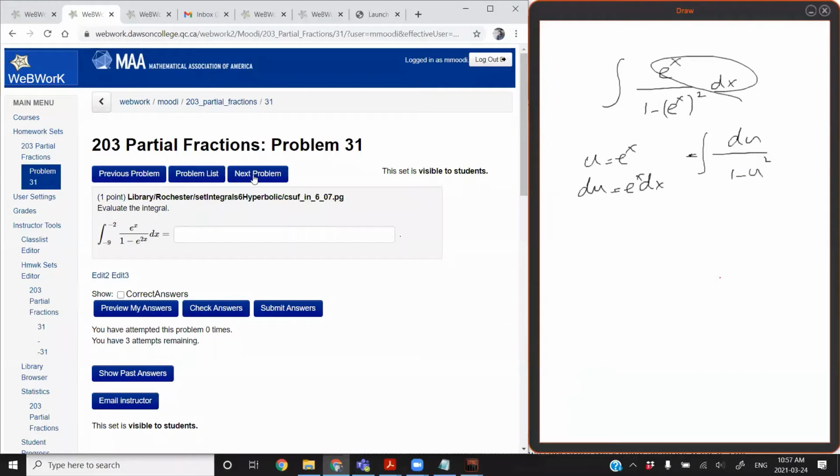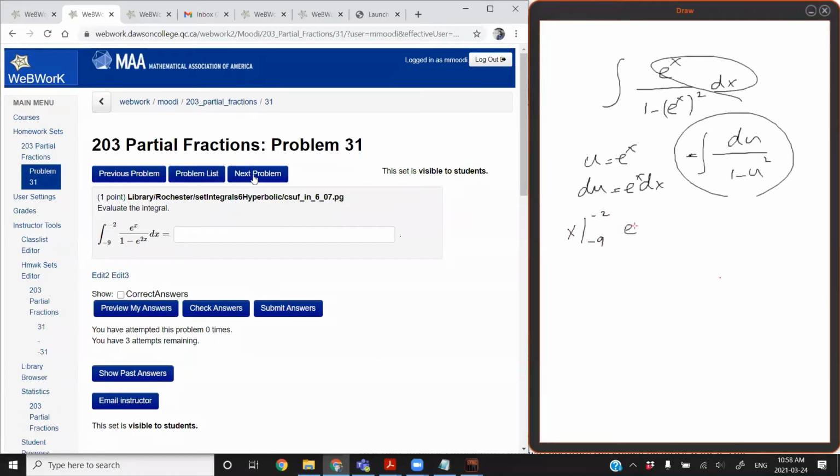Make sense? Mm-hmm. And then this part here is going to be a partial fraction because at the bottom you have u plus 1 times u minus 1. Oh, okay. I didn't see that. Yeah. And also don't forget that you can change the bounds so that you don't have to go back to them. x is from -9 to -2.